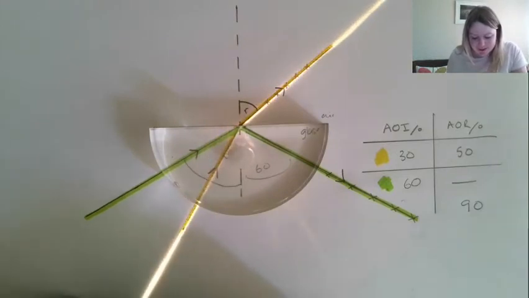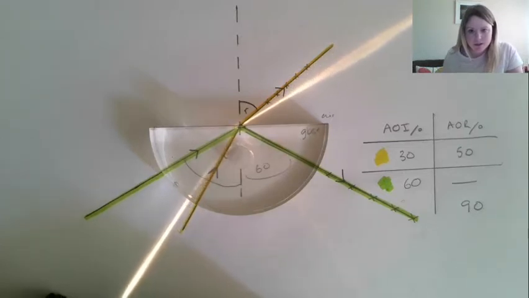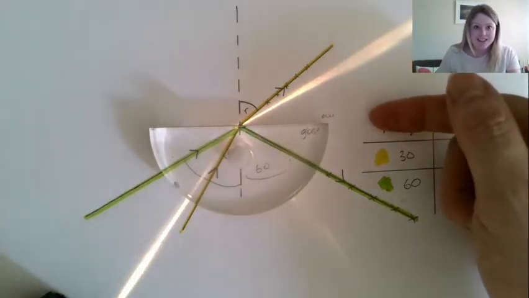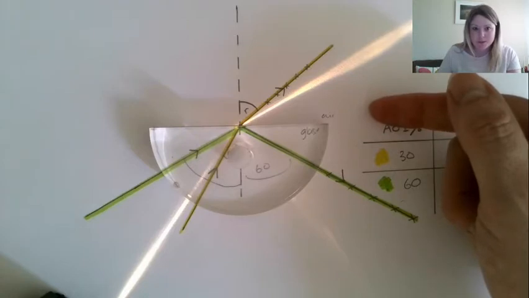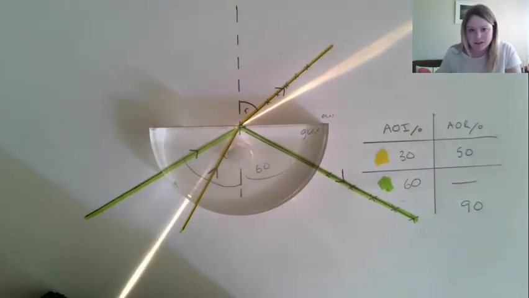Whenever I'm here at my angle of incidence of 30, as I increase my angle of incidence, do you see how the angle of refraction is increasing and increasing? Well, eventually it's going to reach a point where the angle of refraction is 90, and past that point, that's whenever the total internal reflection starts to happen.